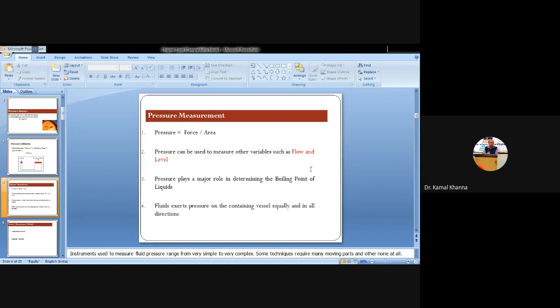So continuing the pressure measurement, we have the formula of pressure is equal to force by area, and pressure can be used to measure other variables such as flow and level. We'll measure these with the help of the ensuing sections. Also in the ensuing chapters, we have flow through pipes, flow of fluids. We have two main chapters of our subject, that is chapter 3 and chapter 4, flow of fluids and flow through pipes. So with the help of flow, we also measure the pressure.